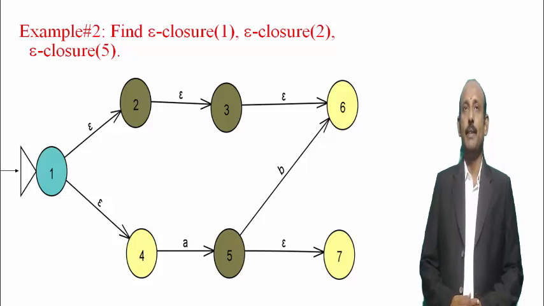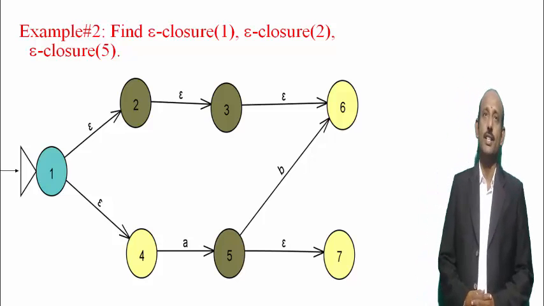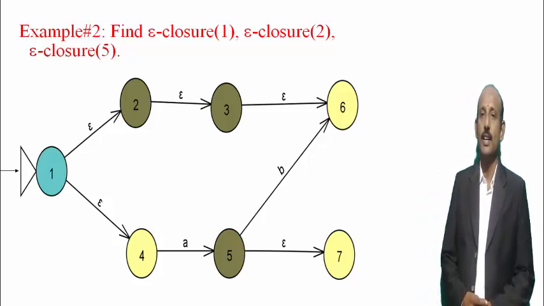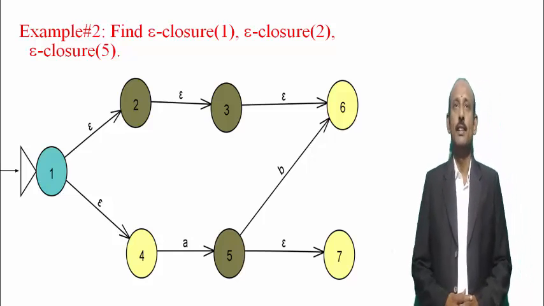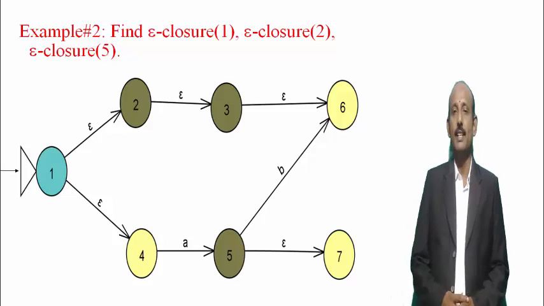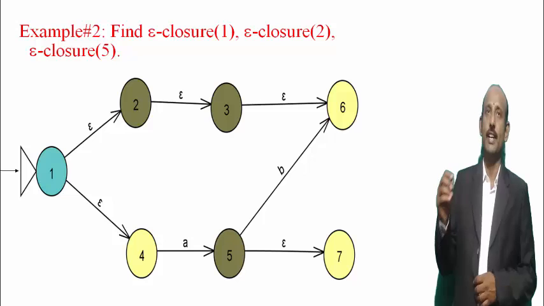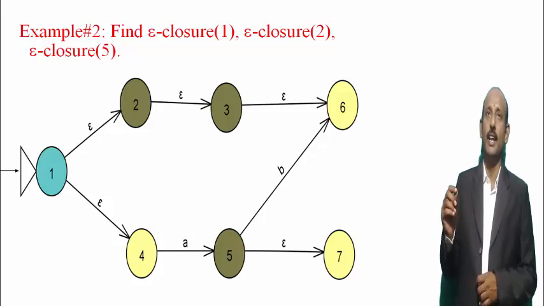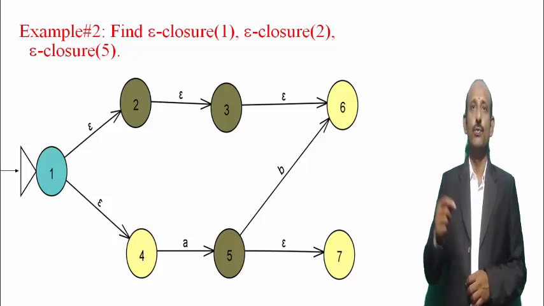So this finite automata is an epsilon NFA which contains epsilon transitions from the starting state. The starting state is indicated by a special arrow mark. So state 1 is the starting state. From this starting state we have an epsilon transition from 1 to state 2 and 2 to 3 and 3 to 6. Similarly from state 1 to 4.